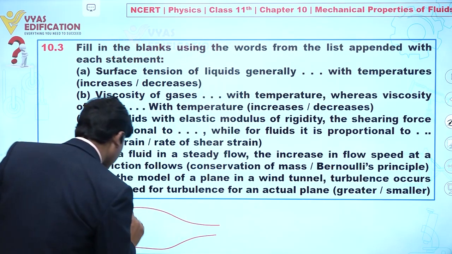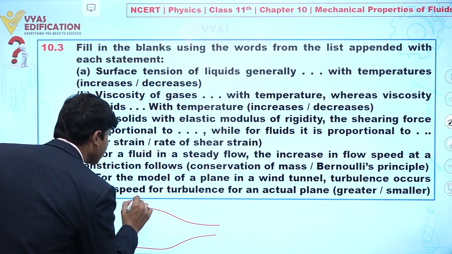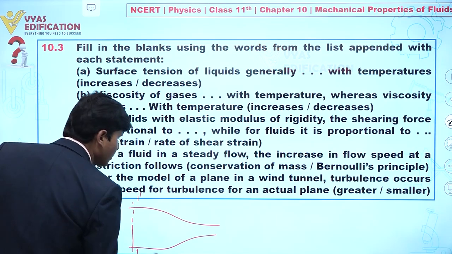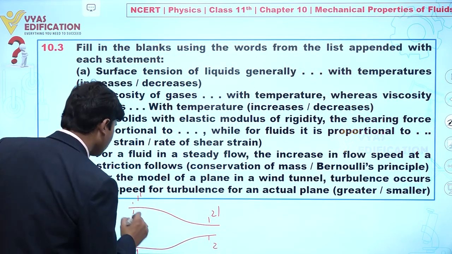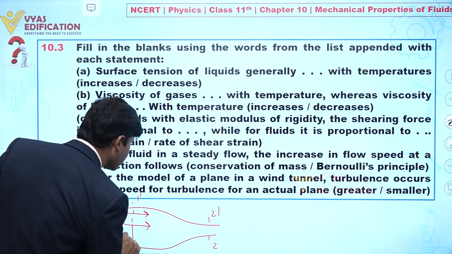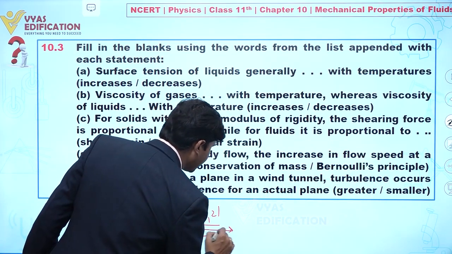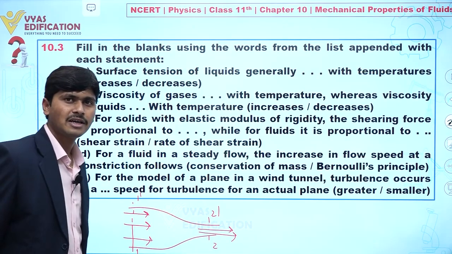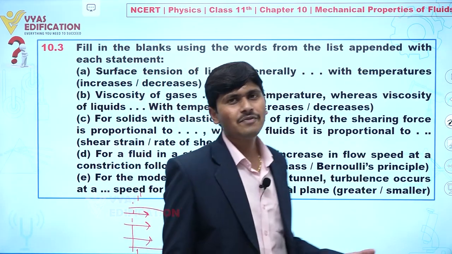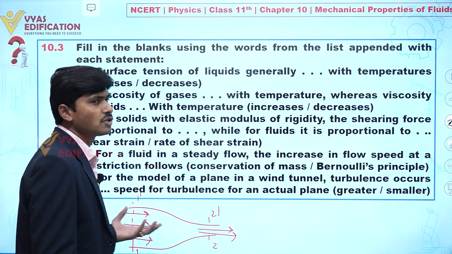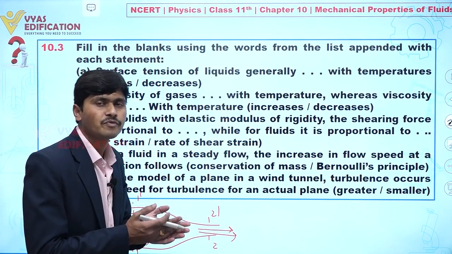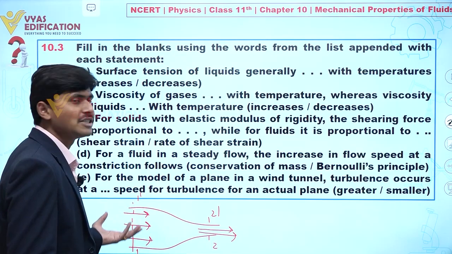First I am taking section 1 and 1 dash, and this is 2 and 2 dash. Suppose the liquid is flowing from this side and going outside from this side. If we are talking about steady flow, and assuming there is no loss due to the pipe walls, then we can follow conservation of mass.